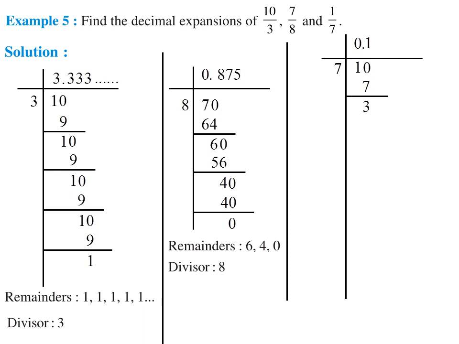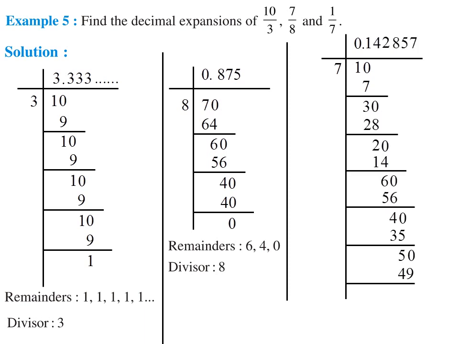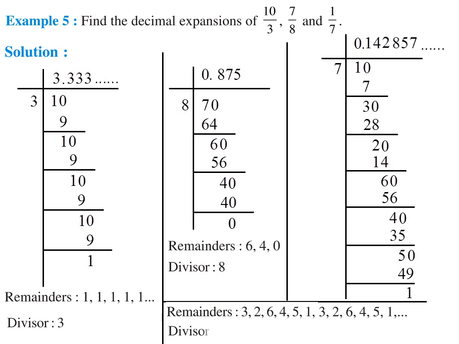Now my remainder will become 3. Next taking 0 carry forwarded, it will become 30. Now 7 4s are 28, so again the remainder will be 2. Again 0 carry forwarded, now 7 2s are 14. Now the remainder will be 6.